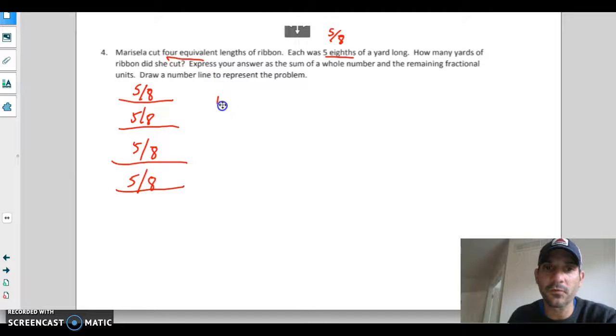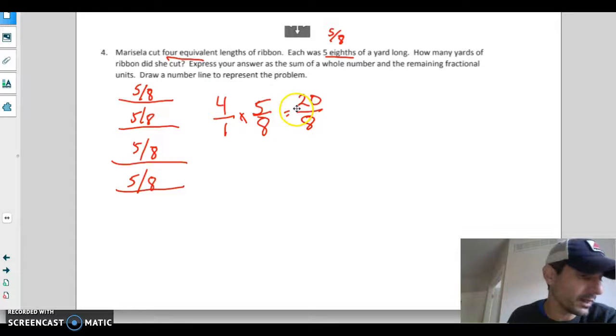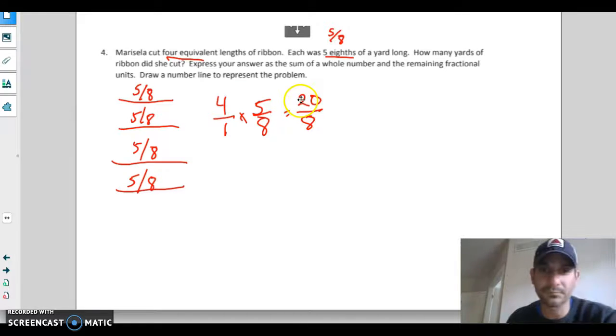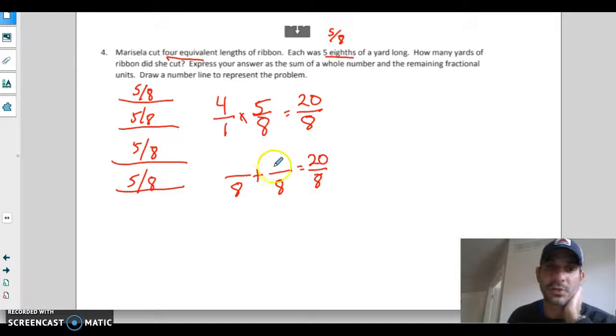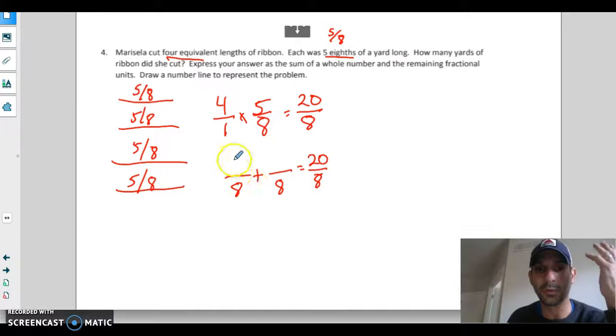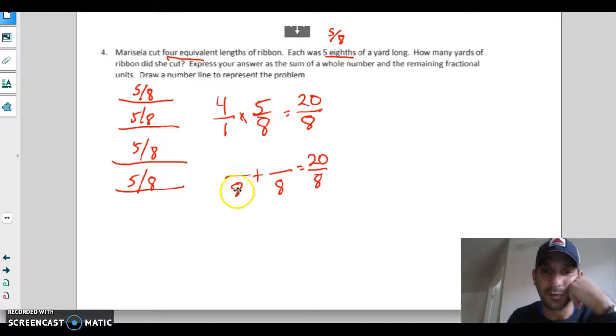So I have to do 4 over 1 times 5/8. And anytime you put a whole number, you want to put it over 1. So that equals 20 over 8. Now, I want to get a whole number here, but I need something over 8 plus something over 8 that equals 20. So I got to think, this number is going to give me a whole number. So when I divide it, it'll give me a whole number.